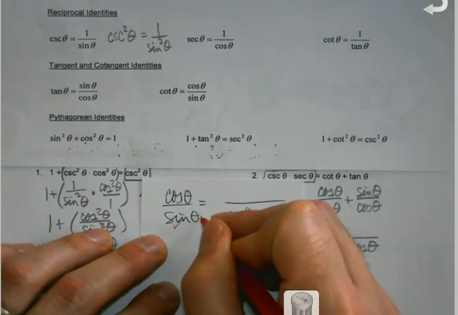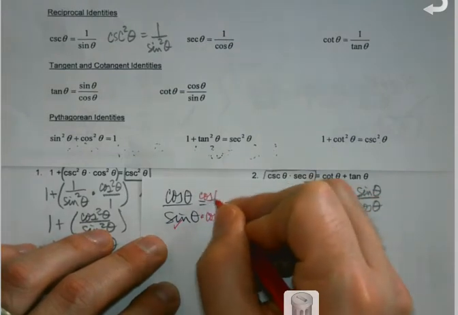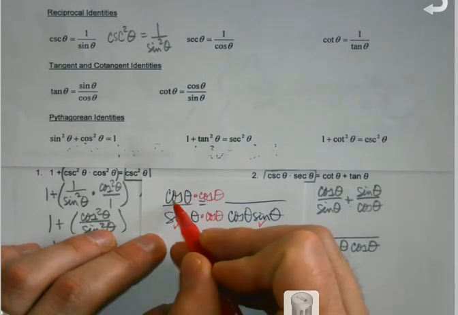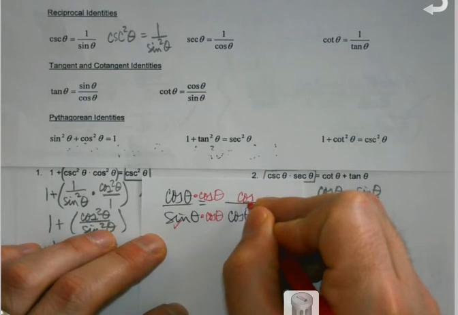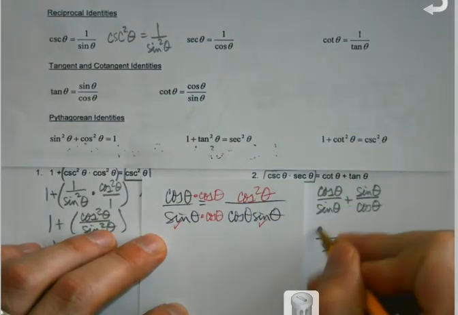Cosine, because I've already got the sine part. But whatever I do to the denominator, I also have to do to the numerator. Okay, so I'm building a fraction, basically. Cosine times cosine is cosine squared. So that would be my first term.